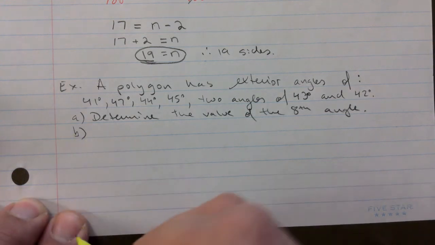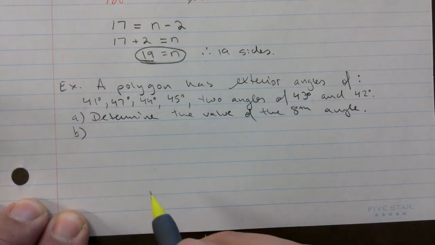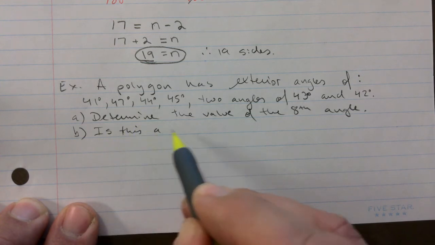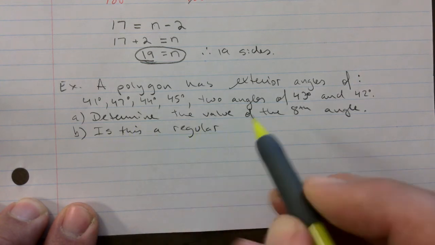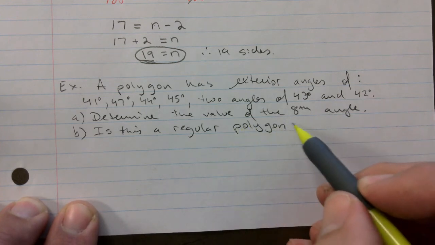And B, is this a regular polygon? The AC kind of gave that one away, but I'm still going to add that.